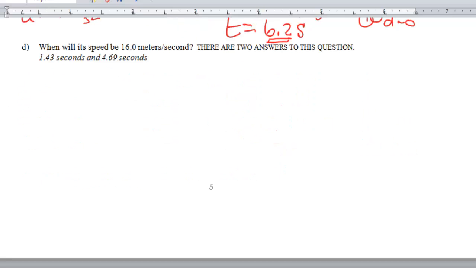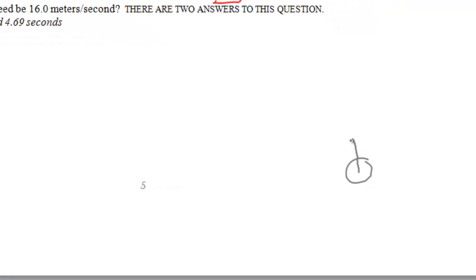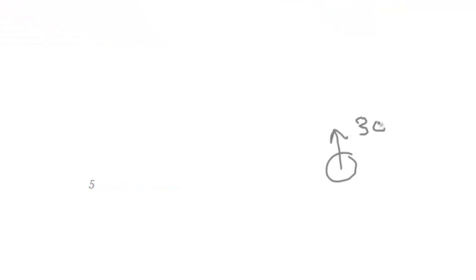Okay, in part D the question asks you, when will the speed reach 16 meters per second? And you are told that there are two answers. Why are there two answers? Because again, if you imagine the problem, the ball was thrown upward with a speed of 30 meters per second. So it will move upward until it reaches speed of 0.